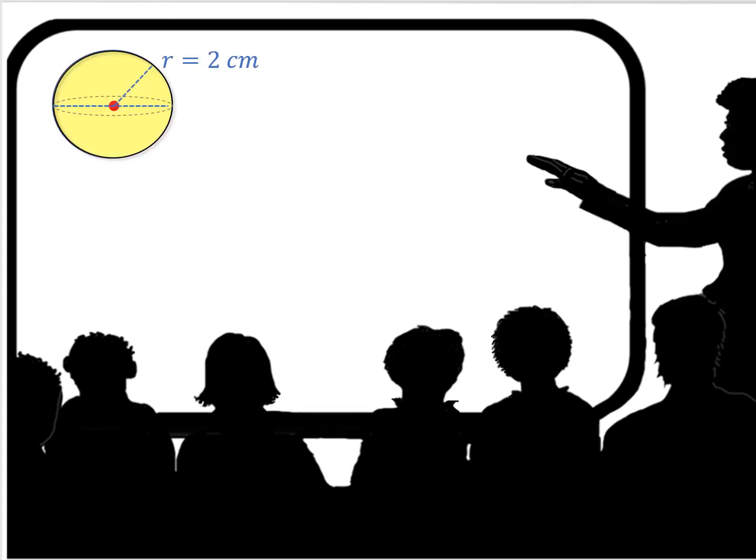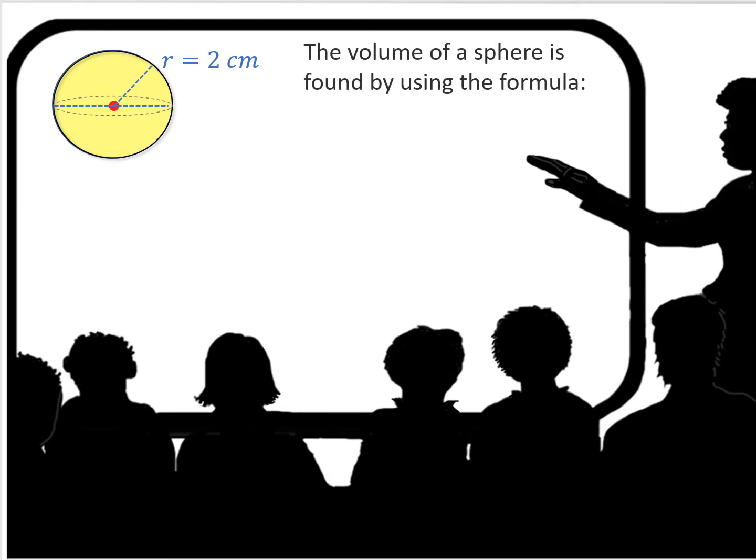Here we have a sphere with a radius of 2 centimeters. The volume of a sphere is found by using the formula V equals 4/3 pi r cubed. Notice the difference that you see right here. The radius is cubed.